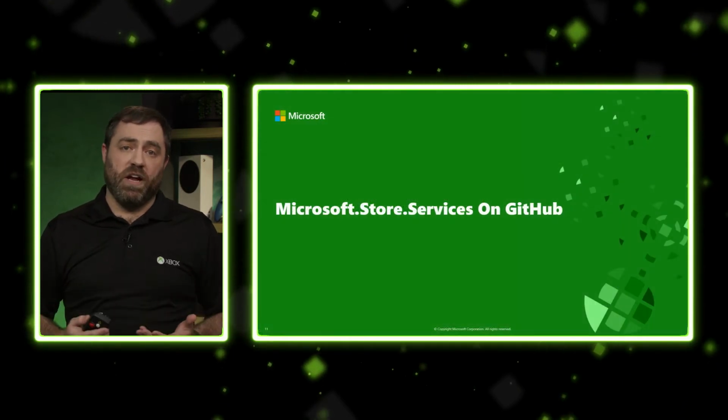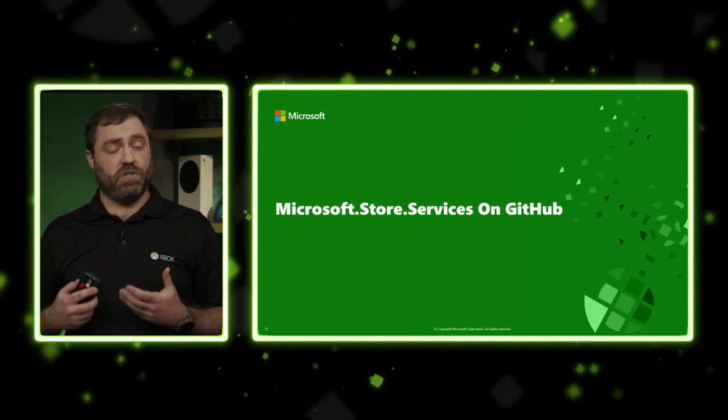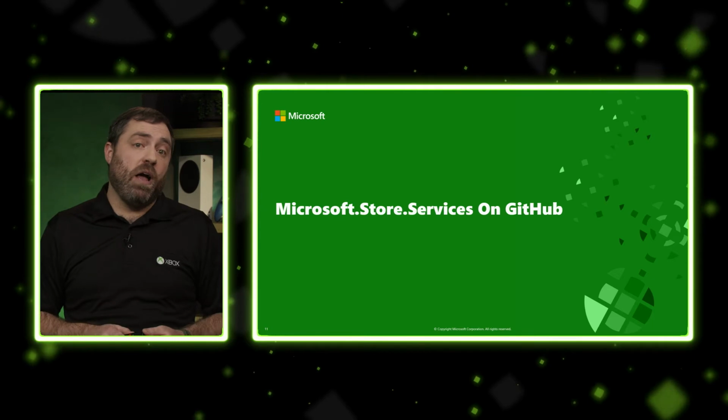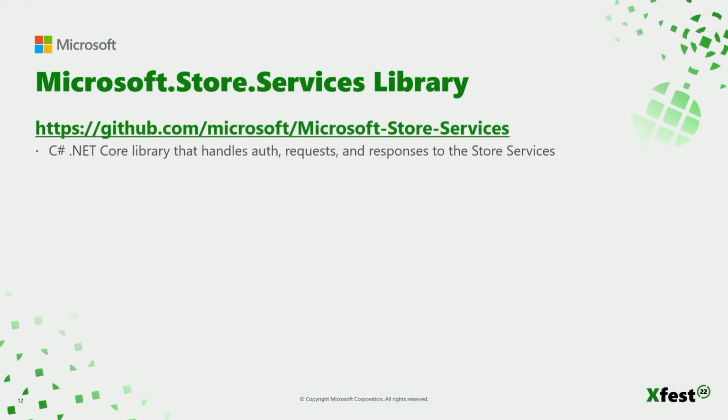To help make integration with this new authentication flow and the Microsoft Store services in general, we have created a public GitHub library which can be used within or as a reference within your own code. The Microsoft Store Services library is a C# .NET Core library that handles authorization, calling, and parsing the data from these services.